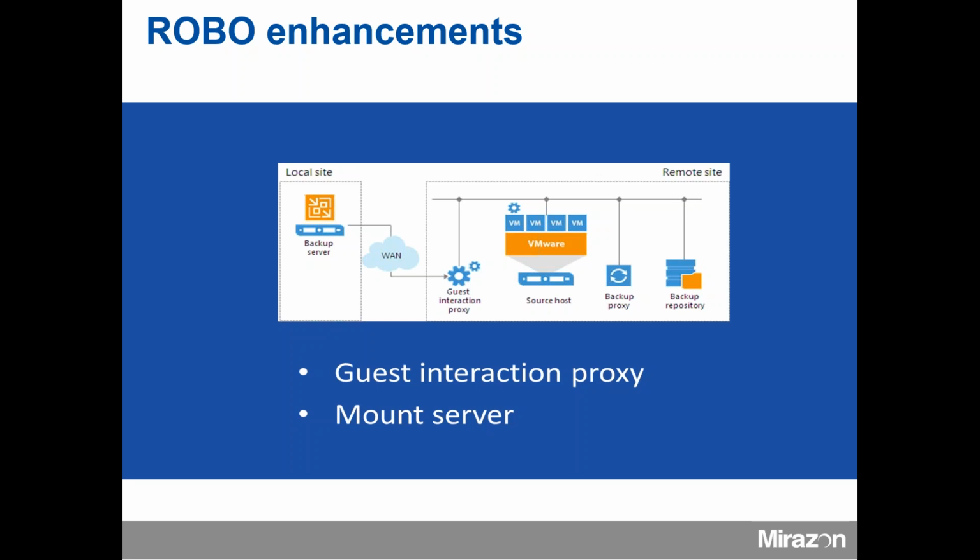And that, combined with the mount server, allows you to effectively manage your remote sites from a central location, but still have everything function locally at each remote office. And we've seen a tremendous improvement in performance, and that just makes the solution extremely scalable.